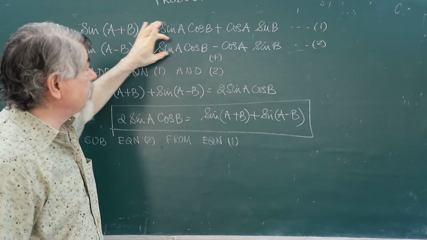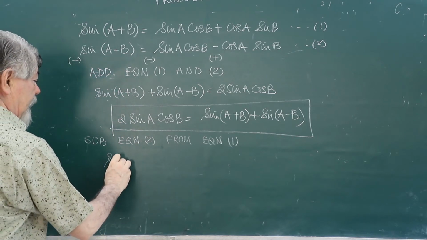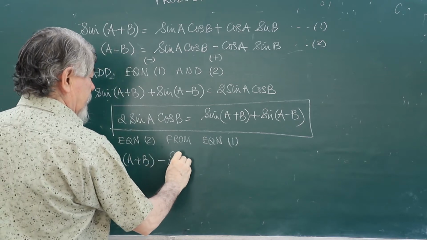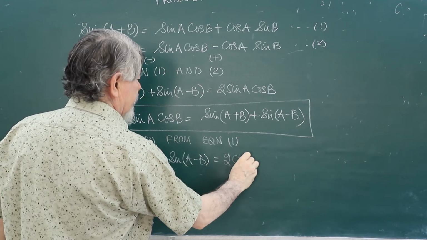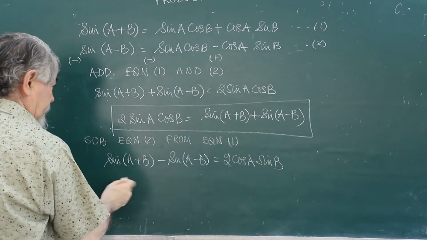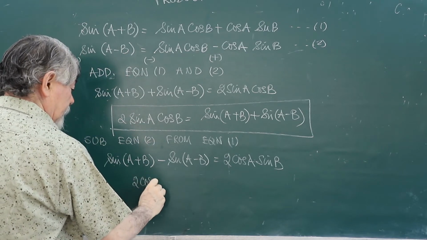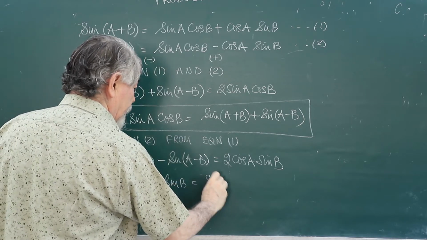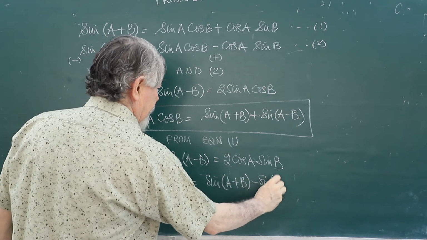Sine A cos B minus sine A cos B will cancel, and you will get sine A plus B minus sine A minus B equal to 2 cos A sine B. So 2 cos A sine B would be equal to sine A plus B minus sine A minus B.